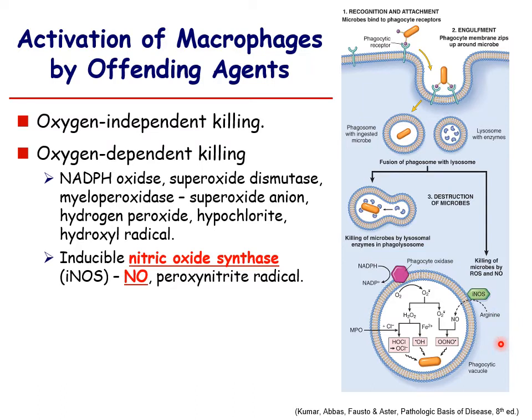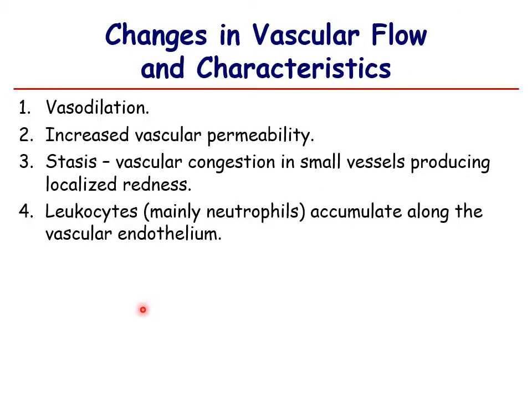Now, for acute inflammation, I want to emphasize the importance of the function of nitric oxide synthase and creation of nitric oxide, which is one of the components contributing to vascular changes. So, the changes that occur in vascular flow and vascular characteristics are listed here.